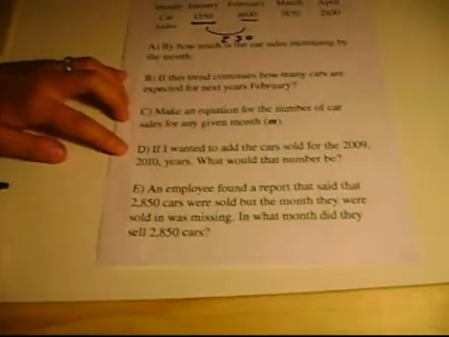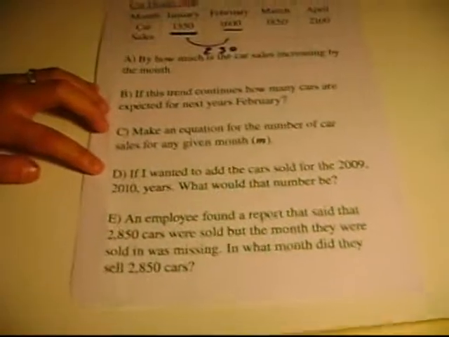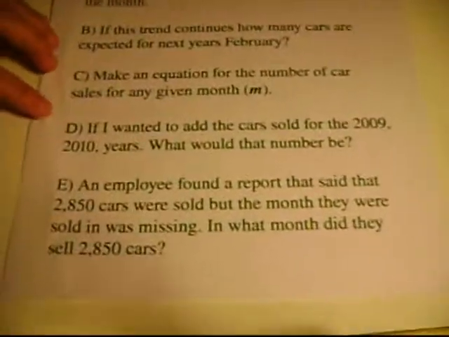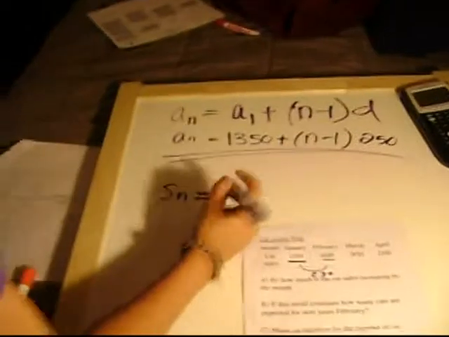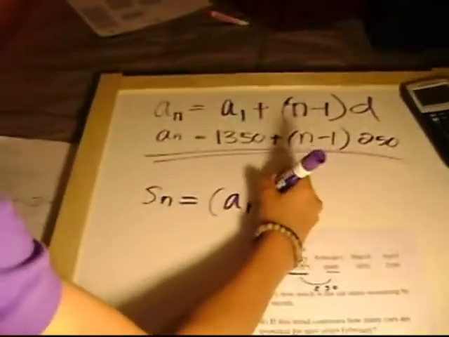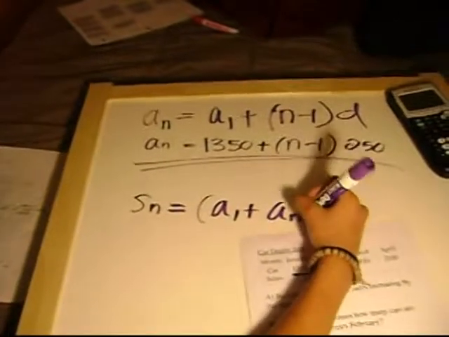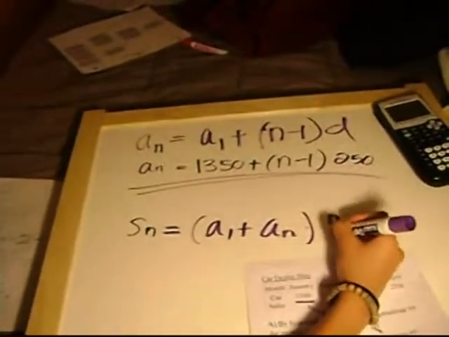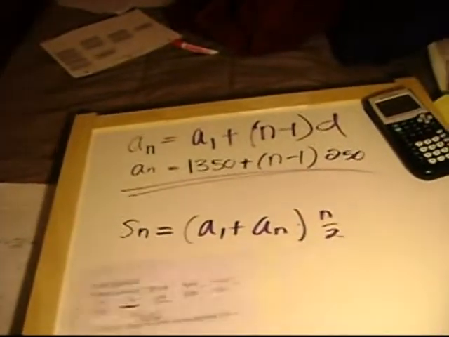The next part says, if I wanted to add the cars sold for 2009 and 2010, what would the number be? Okay, so the formula we're going to use to solve this is the nth partial sum, which is Sn equals A1 plus An times n over 2. Hold on, little nerd. We still don't know what An is, and we need to find that.